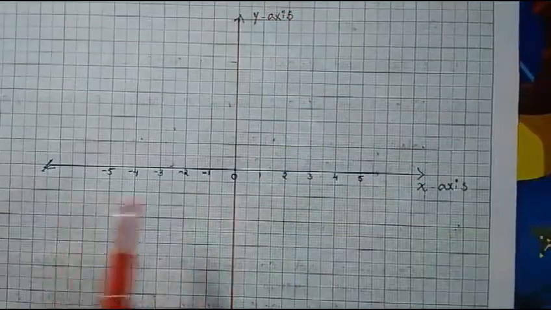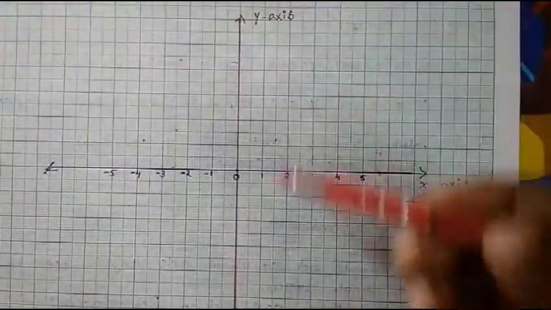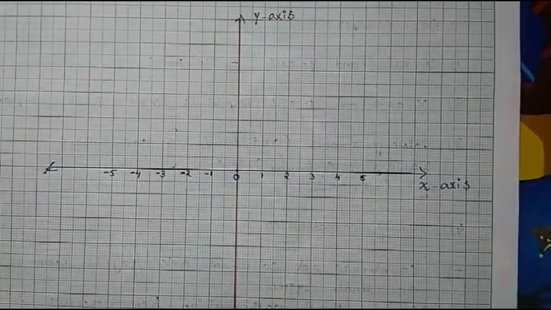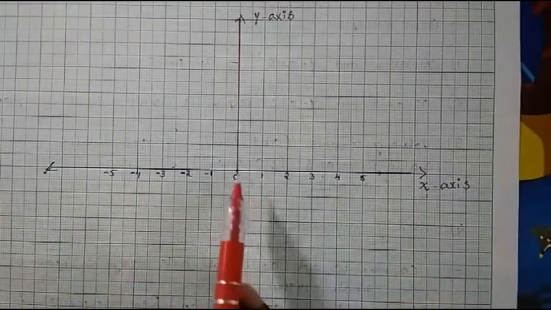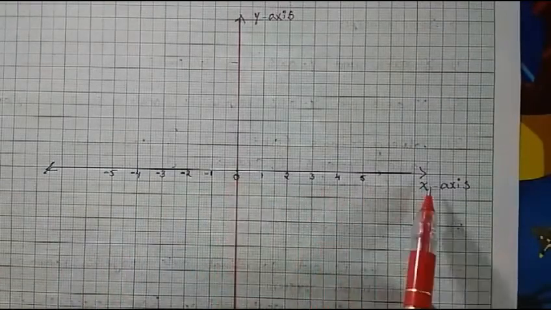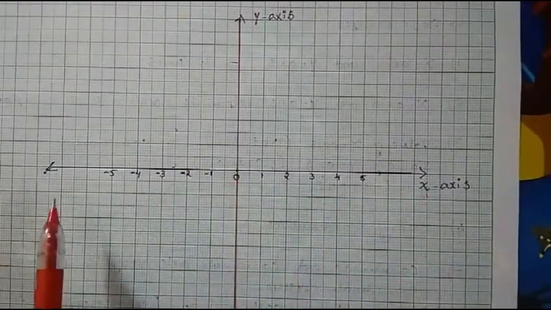So the x-axis is the horizontal line, the y-axis is the vertical line, and in the same way as the number line, at the center it is 0, towards the right positive, towards the left negative.